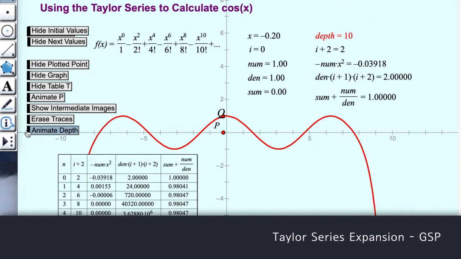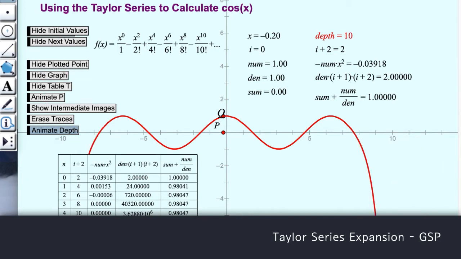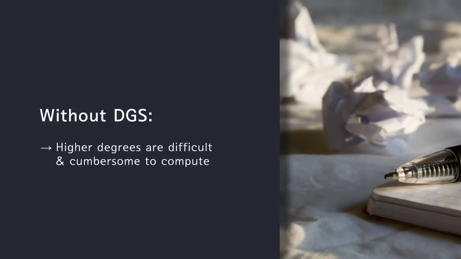Taylor expansion is a good topic because, first of all, it is an infinite sum. This cannot be achieved through calculations by hand. You may ask students to find the Taylor series of a function up to terms of, say, degree 3 or 4. For higher degrees, it's difficult and cumbersome to compute.